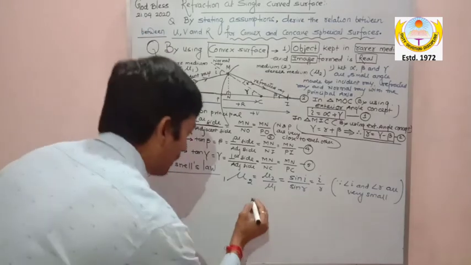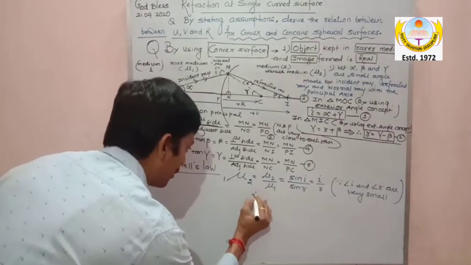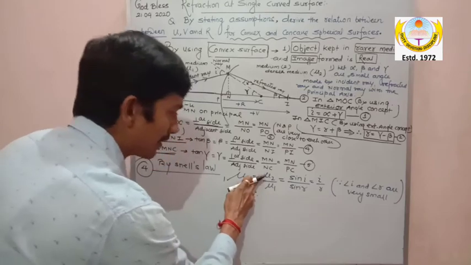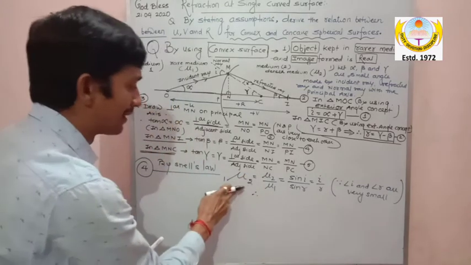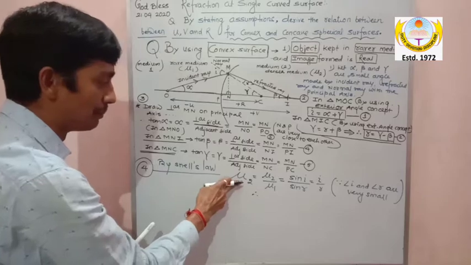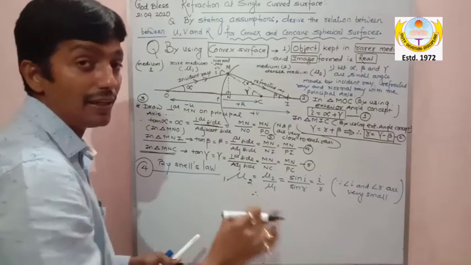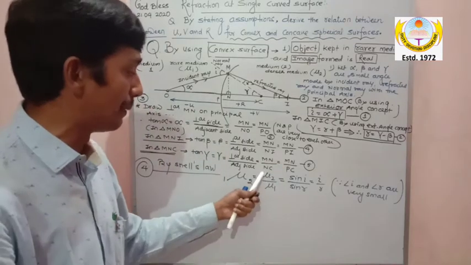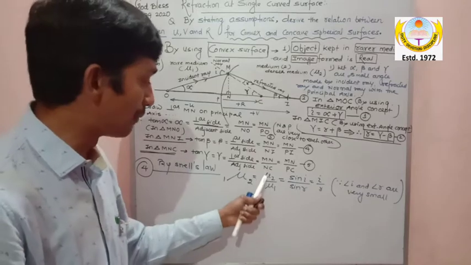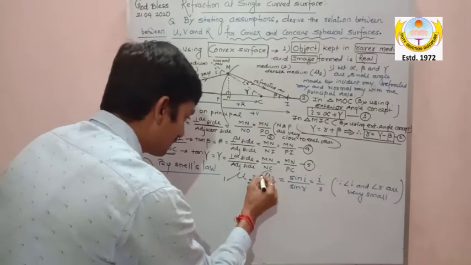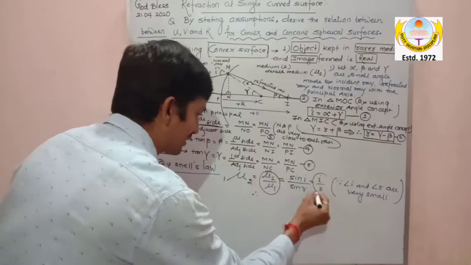So now from here, my dear, what will I get? Therefore, here it is mu 2. This mu of 2 with respect to 1, everybody should know it can be written this way. Now we require this and this.